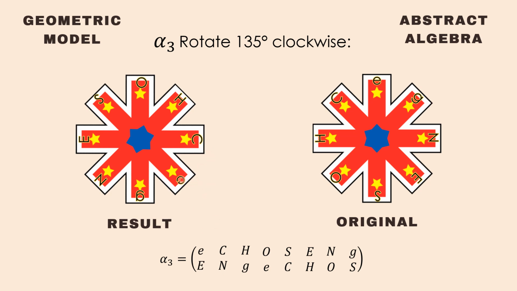So we got E, E, C, N, H, G, O, E, S, C, E, H, N, O, and G, S.